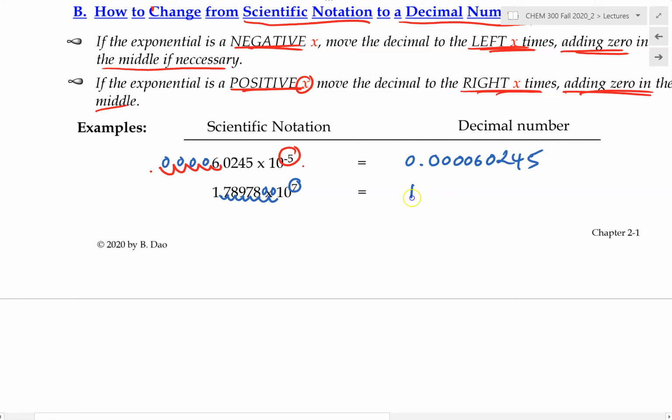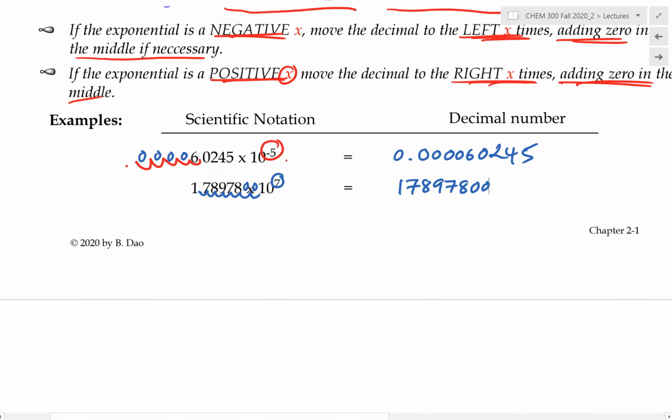So in this case, this equals 1, 7, 8, 9, 7, 8, 0, 0. And right now, whether to put the decimal point on this value or not is something that we will discuss later. But in this case right here, we will not be including this decimal point, and we'll go over why later when we discuss significant figures. But there you go. So that's how we can change from a scientific notation into a decimal number.